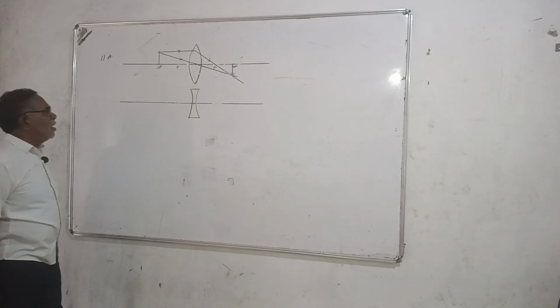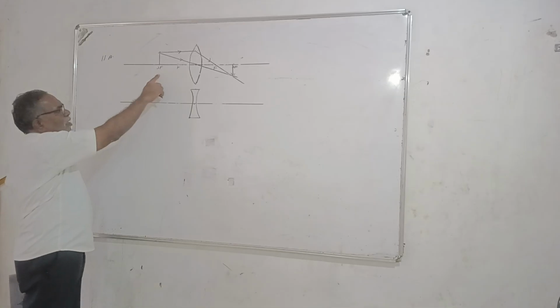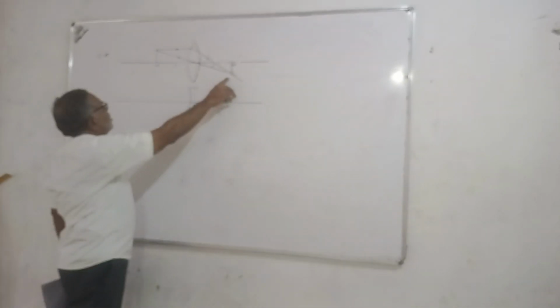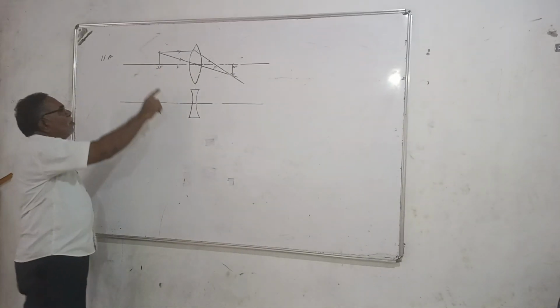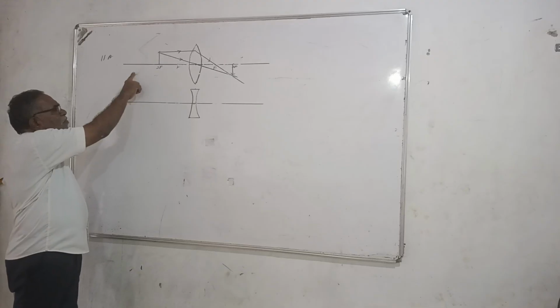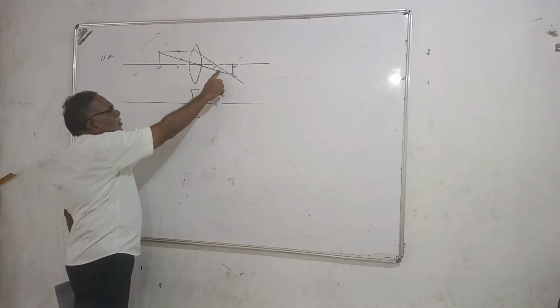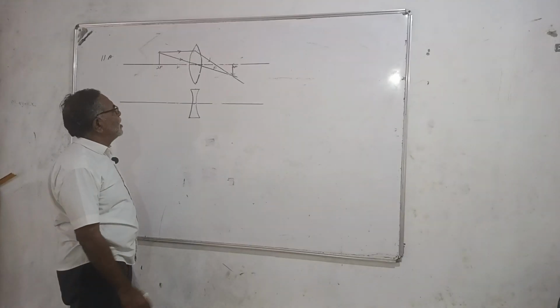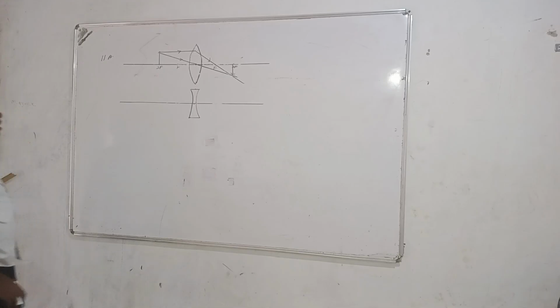When the object is at 2f, the image is at 2f only, same size. When the object is beyond 2f, the image is between f and 2f, a diminished image.